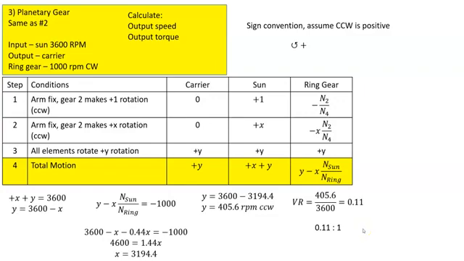Using that same velocity ratio, we can figure out what the torque's going to do. Since the speed went down dramatically, we expect the torque to go up dramatically. So we go from 26 foot-pounds to 231 foot-pounds of torque.